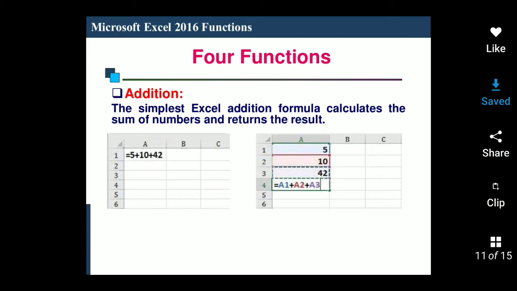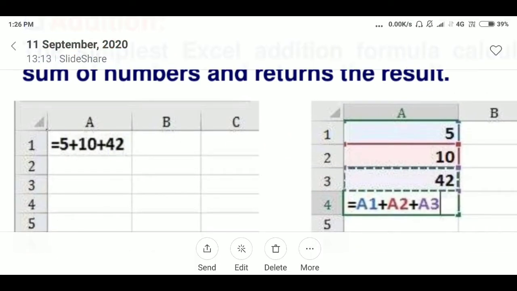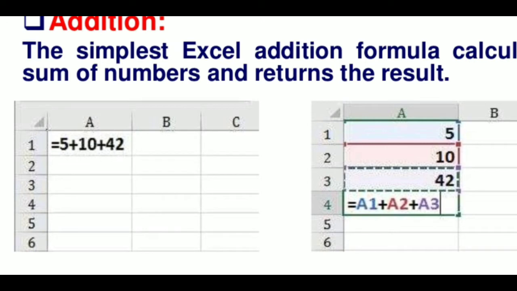Okay, how to do it? First you can see in the first example here 5 plus 10 plus 42, and in starting we have used equal to. Okay, so in this way, just by pressing enter key we can add values.